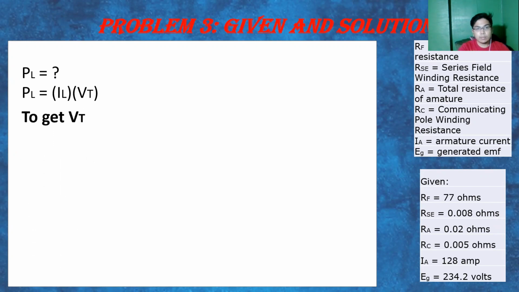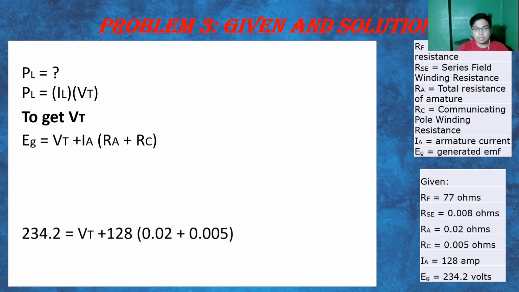To get the terminal voltage, generated EMF, which is 234.2, is equal to VT plus I sub A, which is yung armature current, which is 128, multiplied by the RA, or yung total resistance, plus RC, yung commutating pole windings.